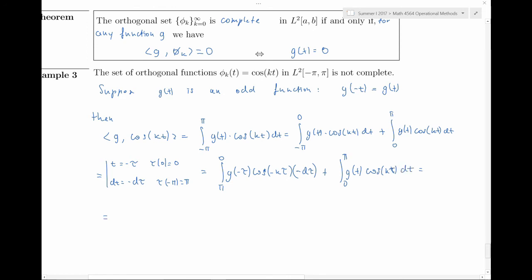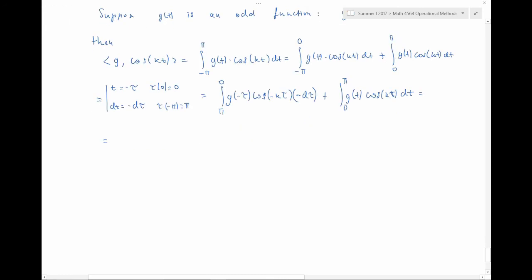Now I'm going to use the fact that g is an odd function, and therefore g of minus tau is minus g of tau. Cosine is an even function, so cosine of negative k tau is cosine of k tau. And minus d tau also brings another minus.